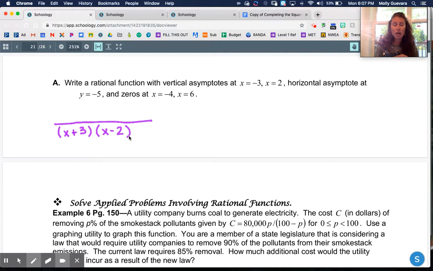Okay, the horizontal asymptote seems kind of tricky, so I'm going to hold off on that. And then zeros are when I have zeros on the top only. So now I know that I have x minus -4, so x plus 4, and x minus +6.